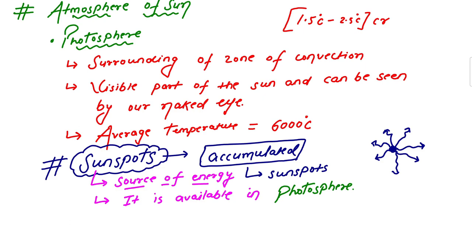So this concept will help you explain the different layers of the sun. For sunspots, you have to write: source of energy, available in the photosphere, formed by the accumulation of energies.